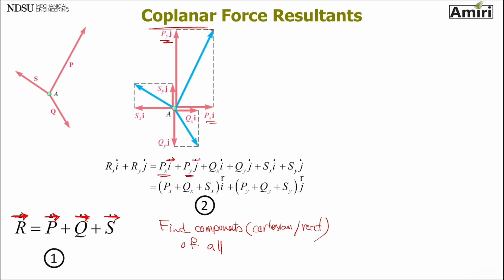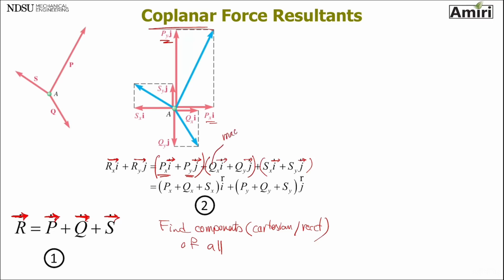So look, force or vector P now has Px i, Py j. These should all be arrows. Q has Qx i, Qy j, and S, same thing, Sx i, Sy j.